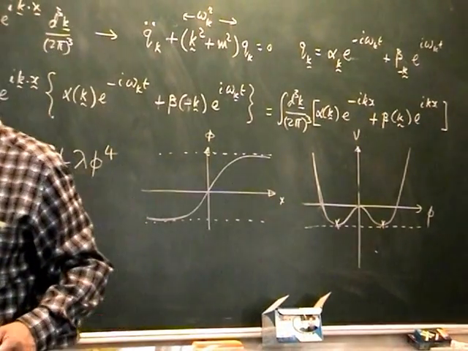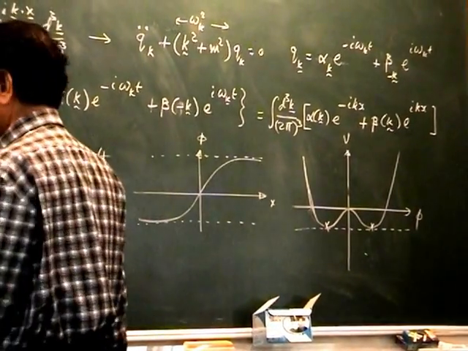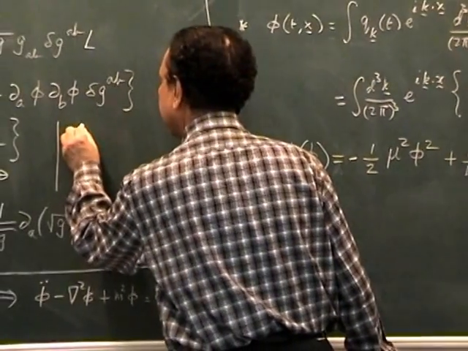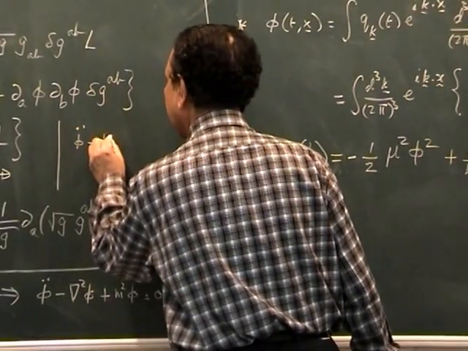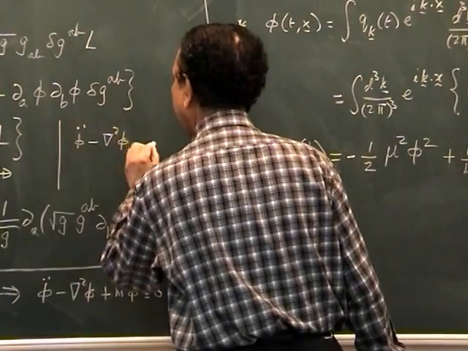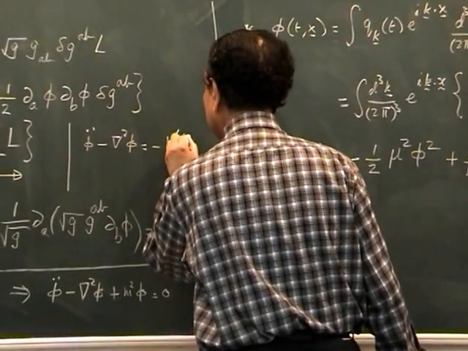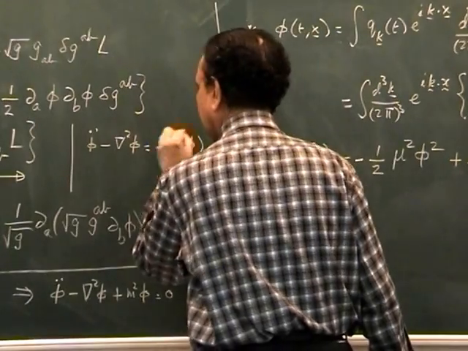I never wrote down that equation. Okay, let me write it down first. So this is phi double dot minus del square phi is equal to minus V prime of phi. Okay?